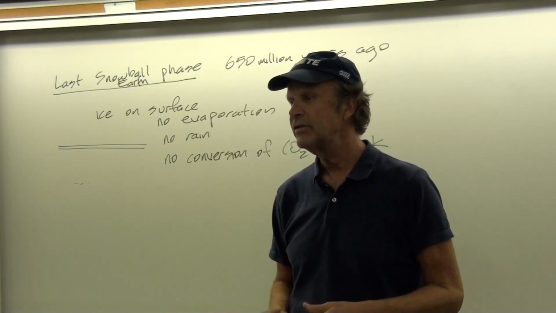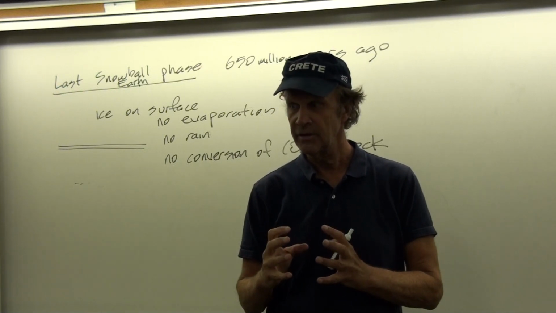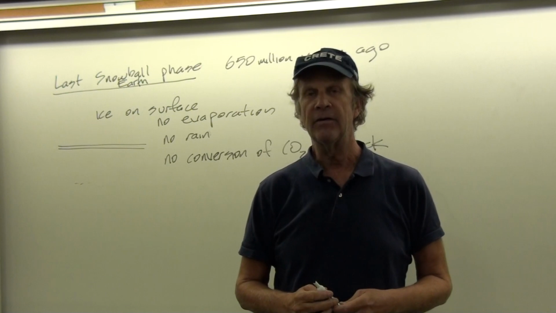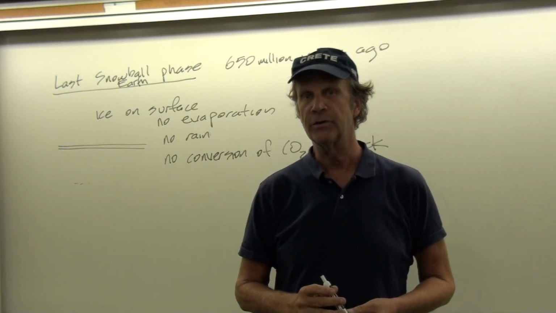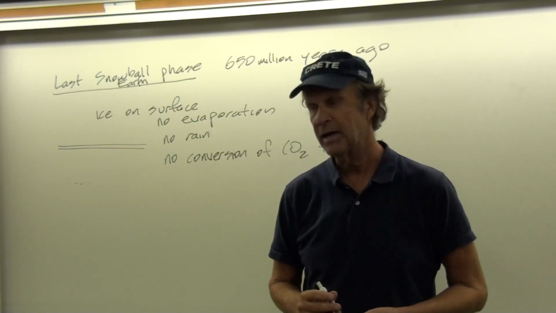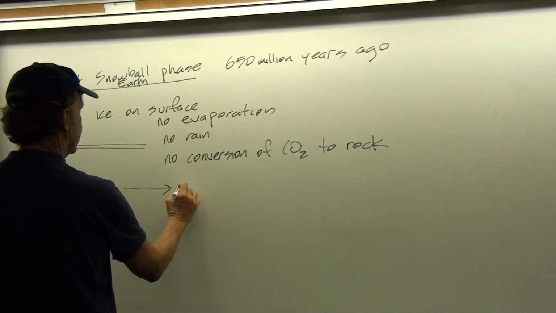Okay? And so if the Earth didn't have heat in its interior, if the Earth's interior was dead at that point, then we wouldn't have any more carbon dioxide gas being produced in volcanoes, and the Earth would have stayed frozen. Okay? But it didn't stay frozen because of the volcanic eruptions.